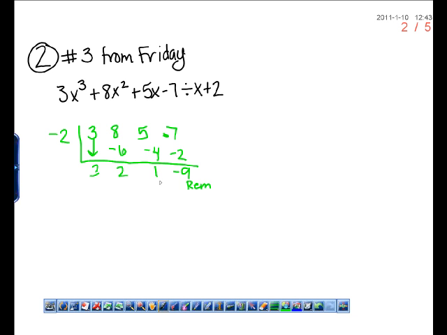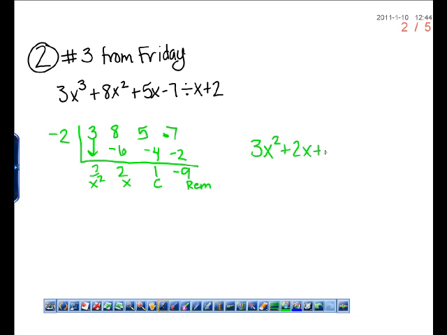Then I work my way backwards. I'm going to let c be my constant, x squared. All right, just like I showed you on Friday, you're going to write your final answer the same way. Okay? So this is going to be 3x squared plus 2x plus 1.